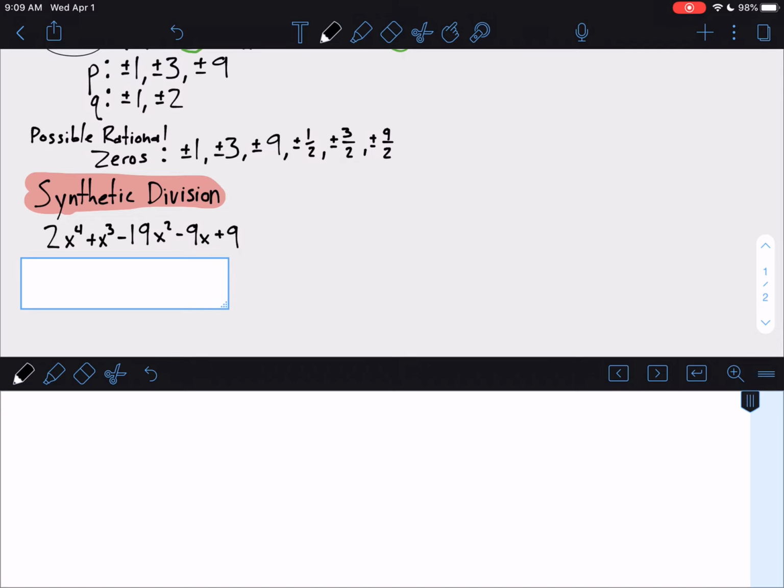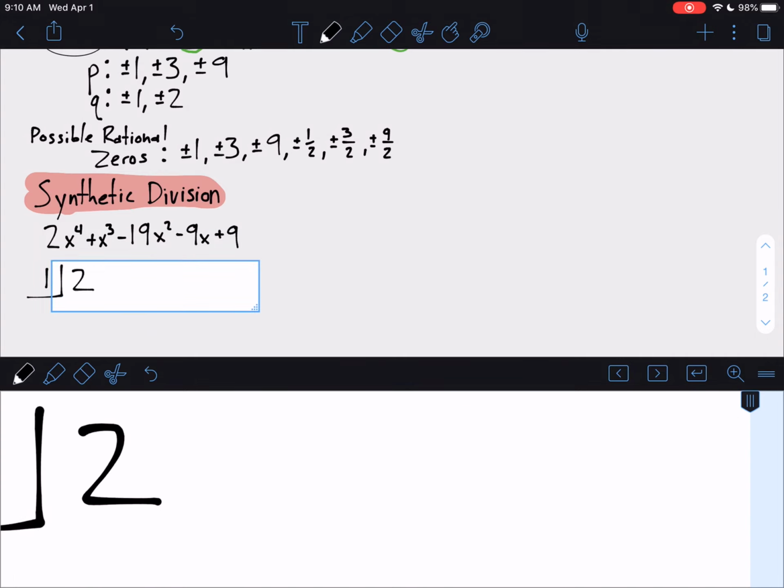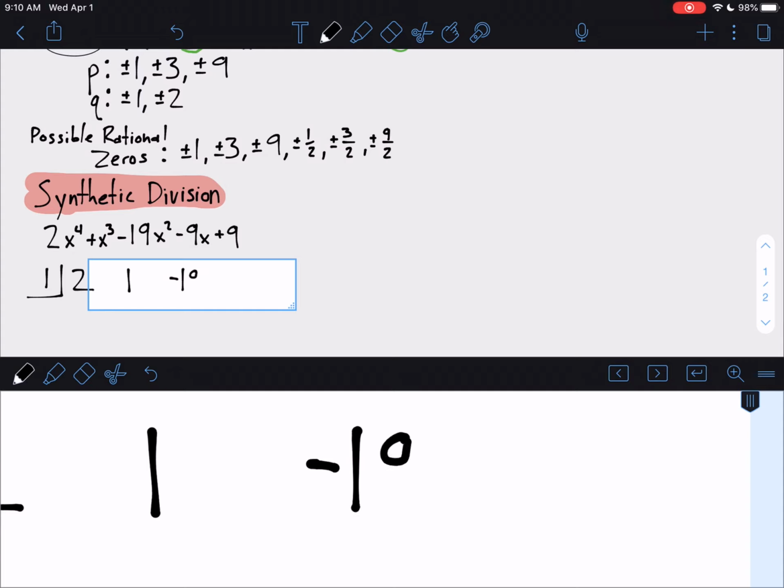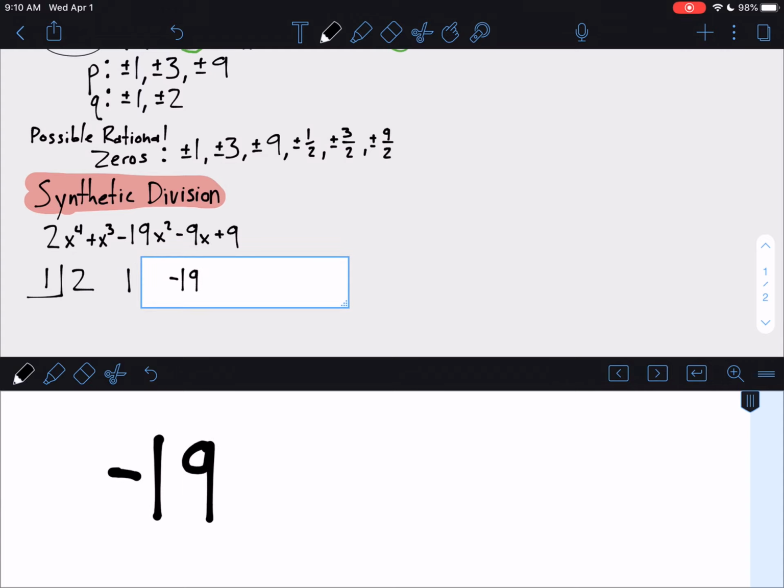So what I'm going to do is take that number 1 and put it in a box, and then use the coefficients from that polynomial that I just wrote, and write them next to the box. So I have 2x to the fourth plus 1x to the third minus 19x squared minus 9x plus 9.